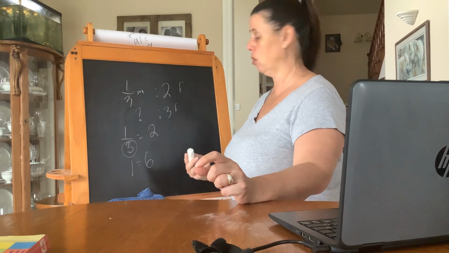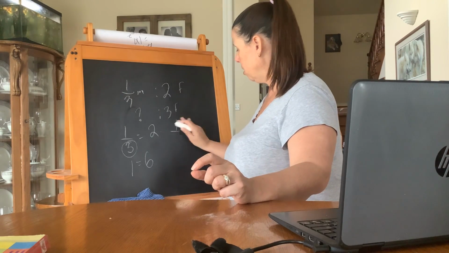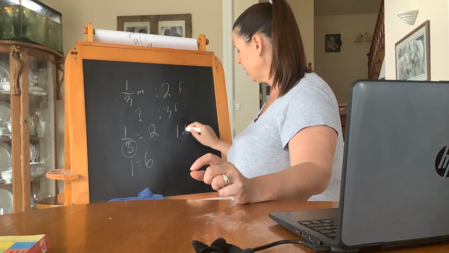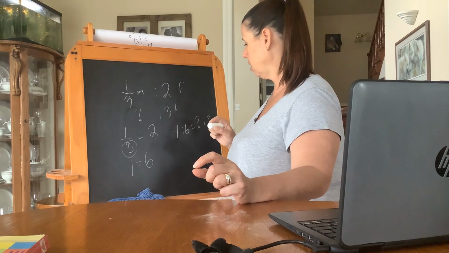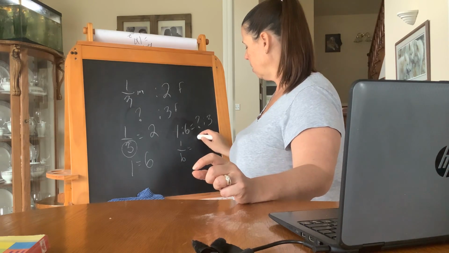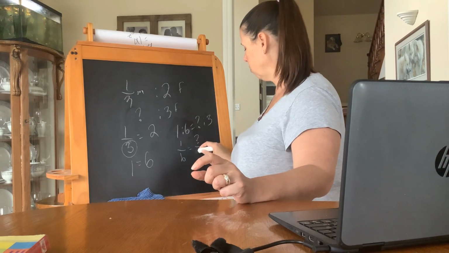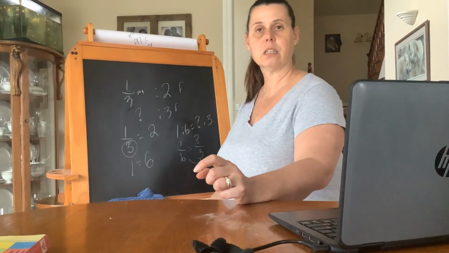But we need to know 3 cups of flour. So we have 1 to 6 is what to 3? So 1 over 6 is something over 3. Well, what's the relationship from 3 to 6?